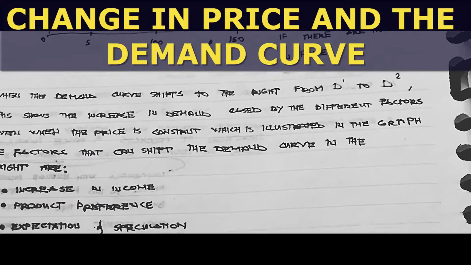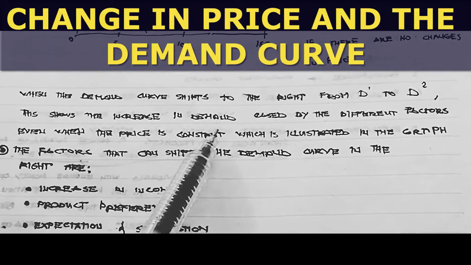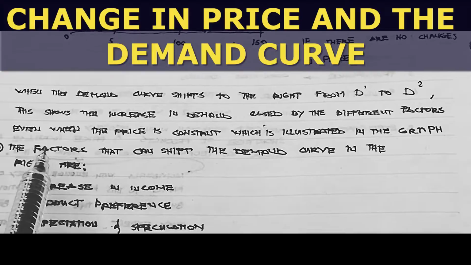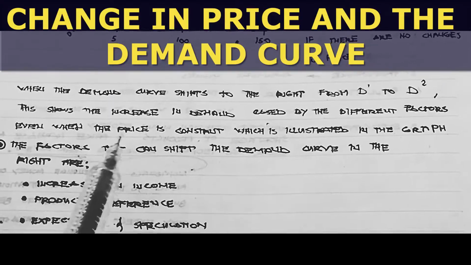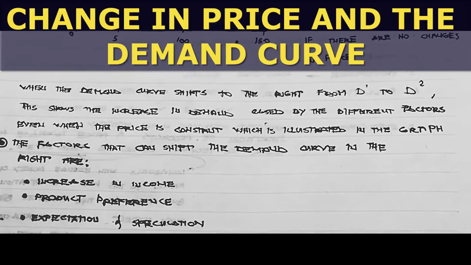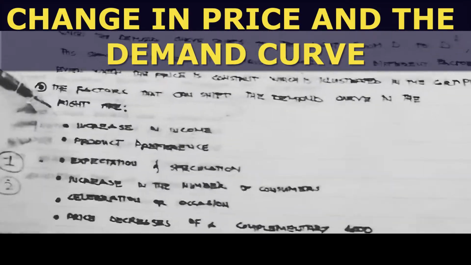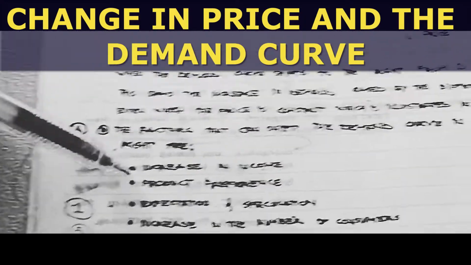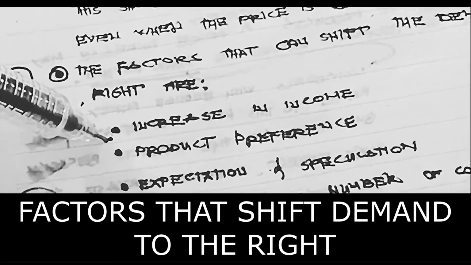So when the demand curve shifts to the right from D1 to D2, this shows the increase in demand caused by different factors, even when the price is constant, which is illustrated in the graph. You can see in the graph. So the factors that can shift the demand curve to the right: there is an increase in income. So these are factors that would shift the demand going to the right.